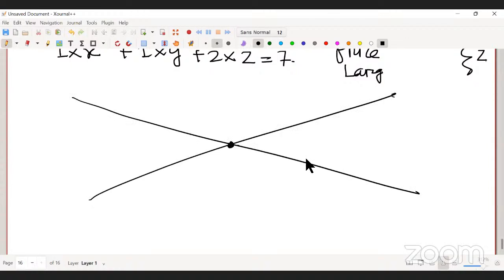But again, what is given? Here you can see these two planes don't have any common point, right? That means they don't have any solution. There is no common point, means these two planes don't have any solution. So option B is correct, right?